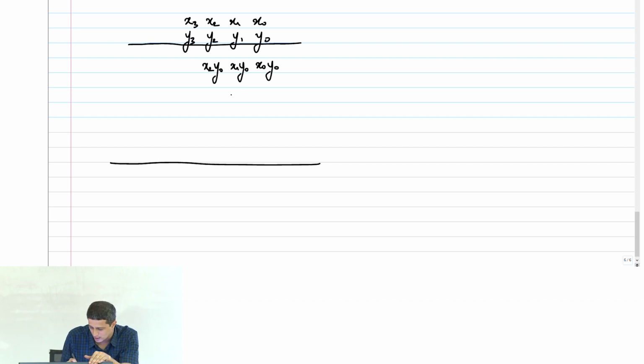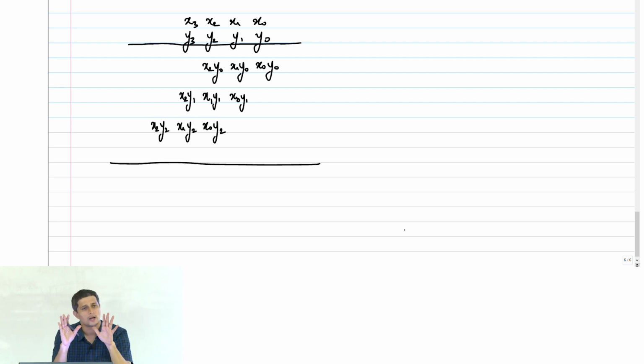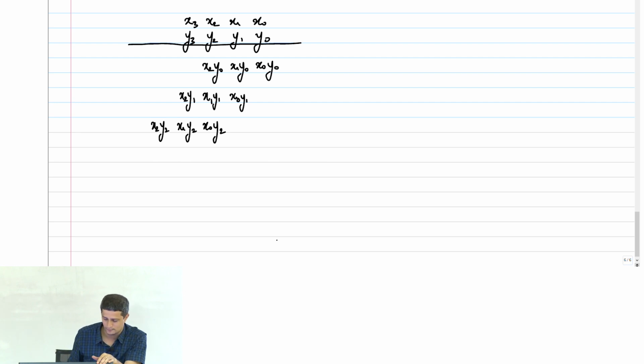Similarly x0y1, x1y1, x2y1. Here again, x0y2, x1y2, x2y2. Now I will not write the other terms because the moment it involves x3 and y3, I have to be careful. Okay? So we'll see what that is.